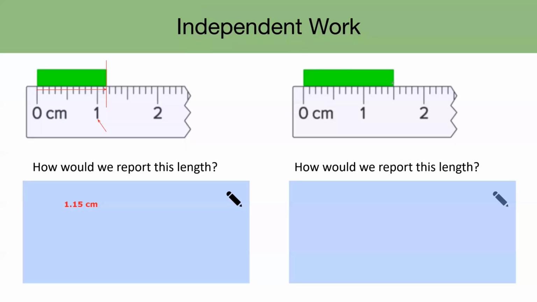For this one, for the second one on this slide, you can see that we have 1 centimeter and we have it going directly between 1 centimeter and 2 centimeters. This would be 1.5 centimeters. Another way you could find this out is if you were to count after the 1 centimeter line, you count 1, 2, 3, 4, 5. Reach 5 lines, so it's 1.5 centimeters.